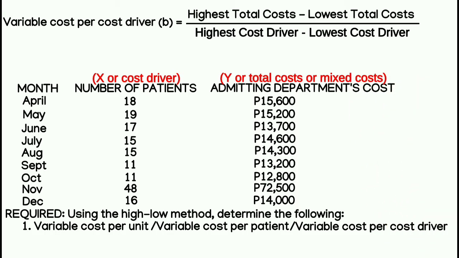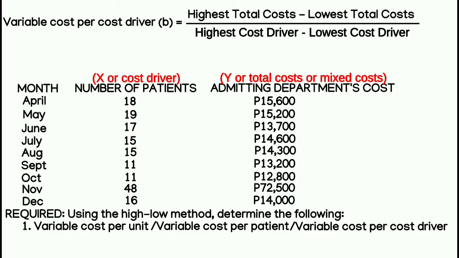In identifying the highest and lowest points, ang base nyo palagi ay yung cost driver. In this problem, the cost driver is the number of patients. That means, sa pag-identify ng highest point at lowest point, dito kayo sa number of patients na tumingin.